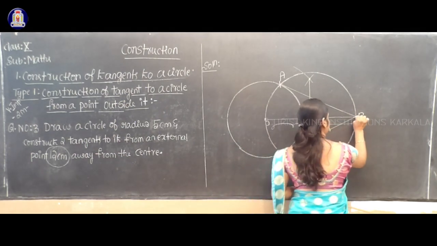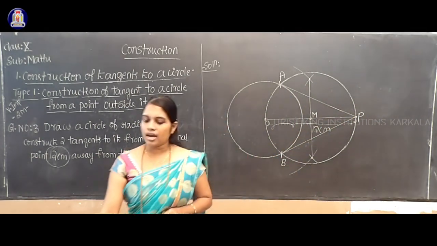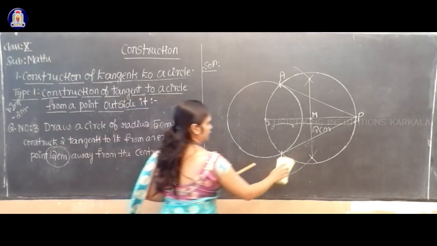Okay. So now AP and BP, these are the 2 required tangents.